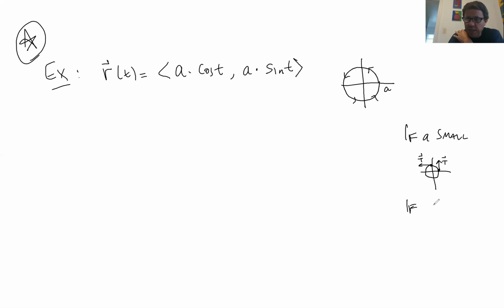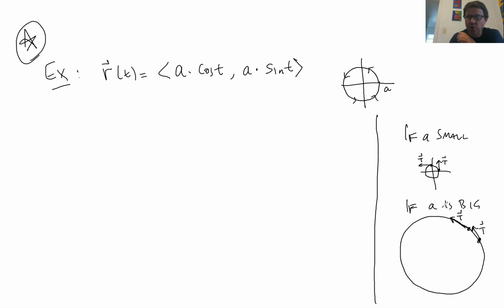If A is big, then that means the circle is much larger. So if I have a tangent vector here, and I go one unit along, and I draw a new tangent vector, it didn't change very much. Whereas over here, if I went one unit, the tangent changed quickly, whereas down here, the tangent doesn't change very much. So that must mean that the curvature is bigger for the small circle than it is for the big circle. That's sort of the intuition here. It's like bigger circles are sort of less curvy. It's like the Earth, right? The Earth is flat.